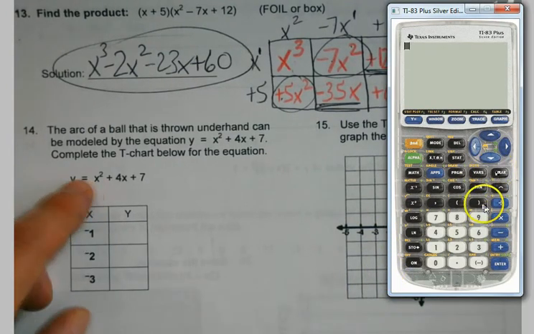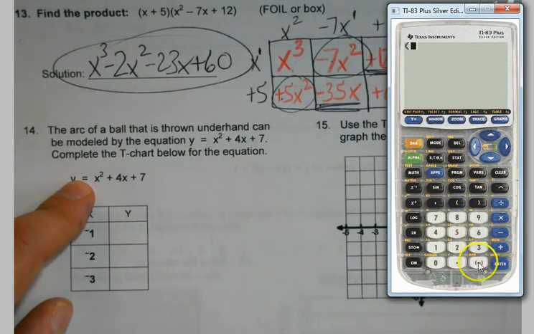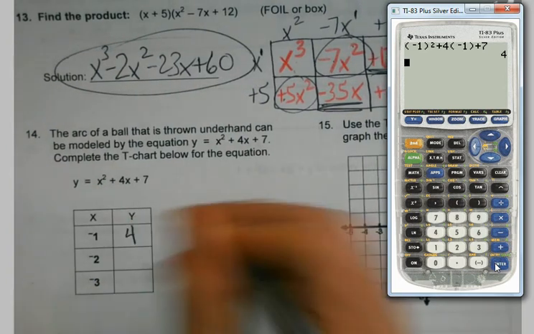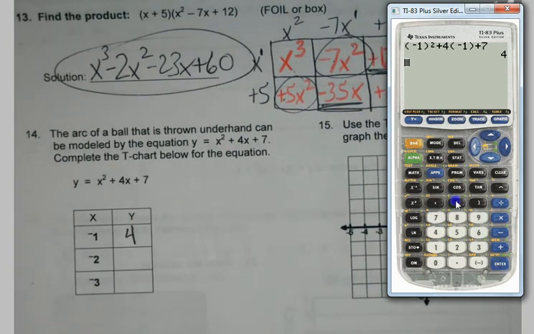I could take this, and every place that I see an x, just plug a negative 1 in. So I'm like, all right, negative 1 squared plus 4 times negative 1 plus 7. Okay, I can get my answer, plug in my y. And I could do this for each one.